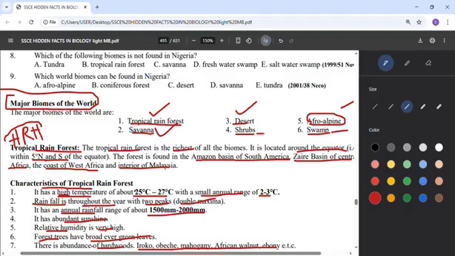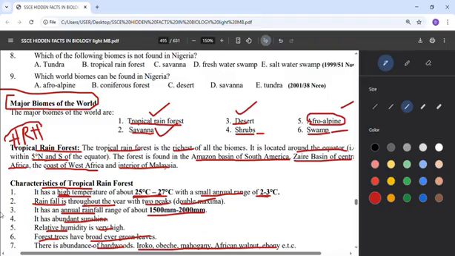So it has high temperature of about 25 to 27 degrees centigrade, and the annual range is small, 2 to 3 degrees Celsius. Rainfall is throughout the year. When it comes to tropical rainforest, that's why they call it rainforest.